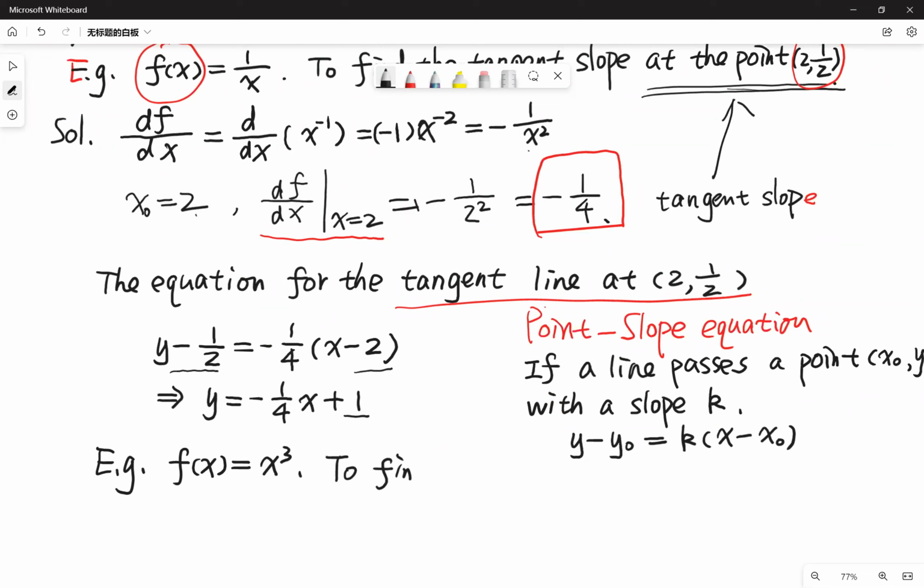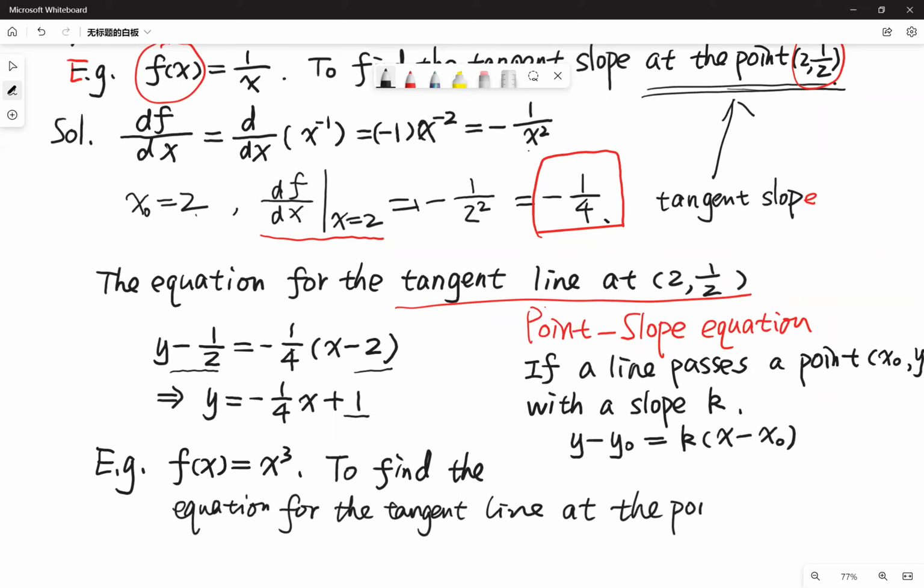Find the equation for the tangent line at the point (1, 1).